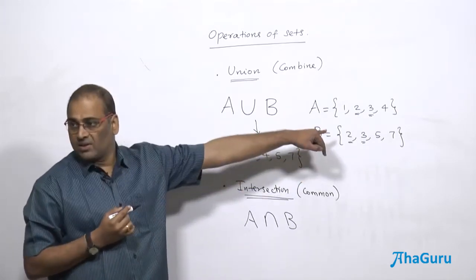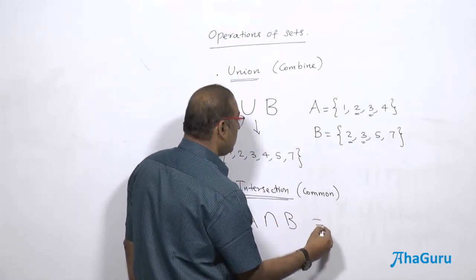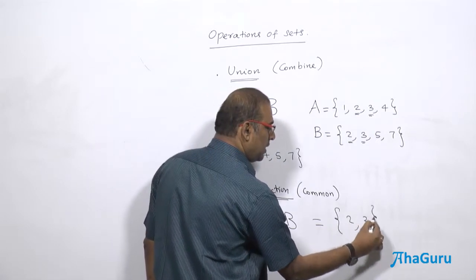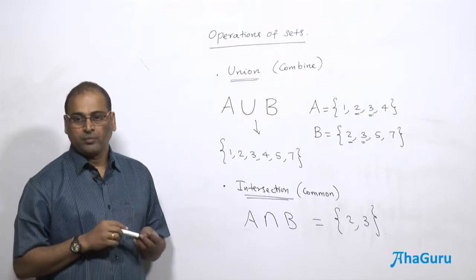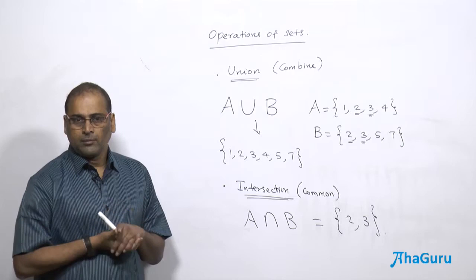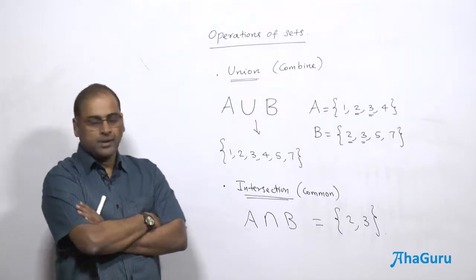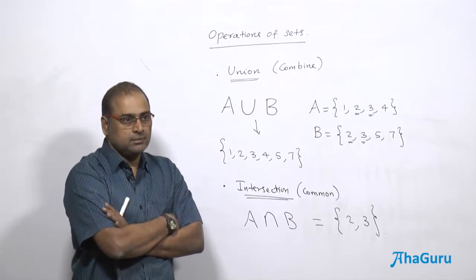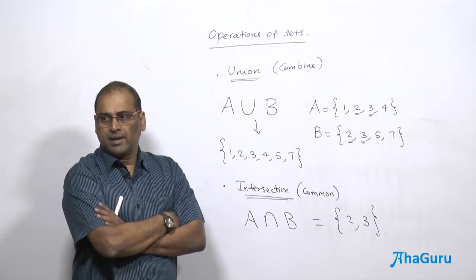The common elements are 2 and 3. So A intersection B is going to be 2, 3. A union B is combining the sets A and B. Intersection is not combining; it is common to both A and B, right?